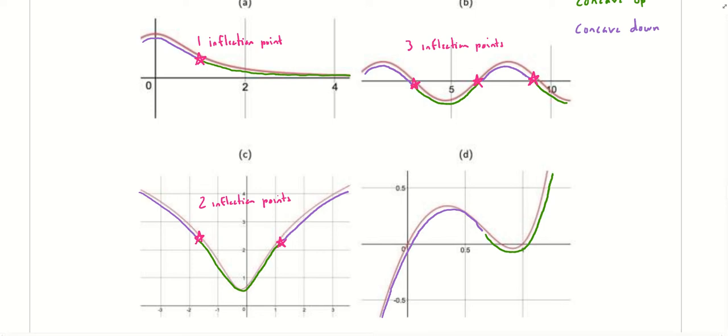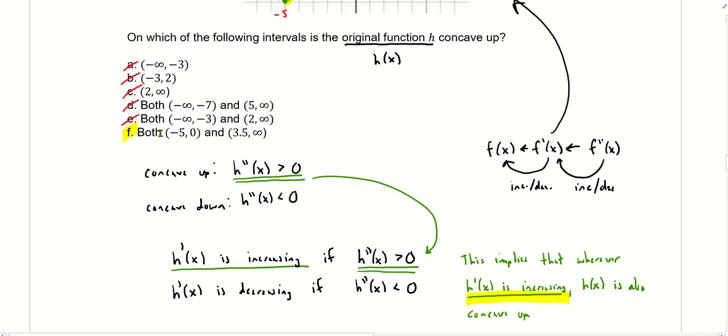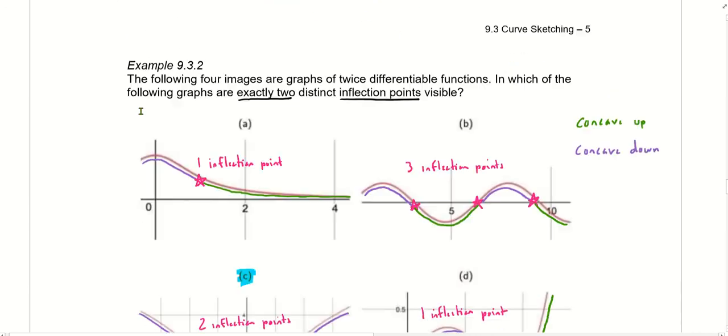So once again, like plot A, it looks like we have a single inflection point here. So the plot that has exactly 2 distinct inflection points is going to be plot C. I'm going to change this. We've been using blue as our answer, so let me make that blue as well.